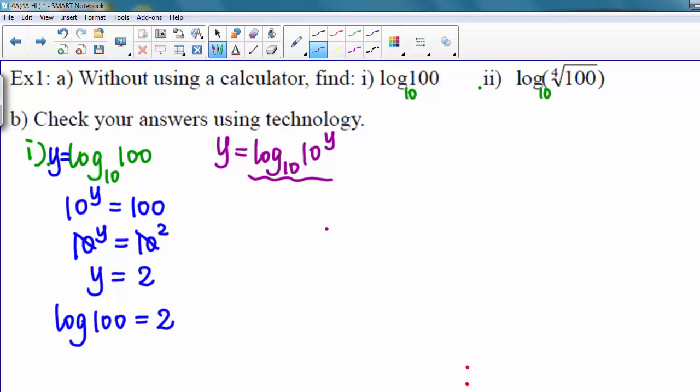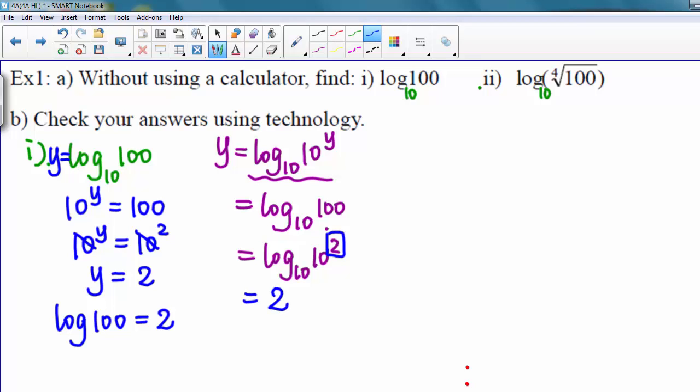So what I will do is log base 10 of 100. For this 100, I will change to a power of 10, which is 10 squared. So log base 10 of 10 squared means my final value is just the exponent in the argument, which is 2.